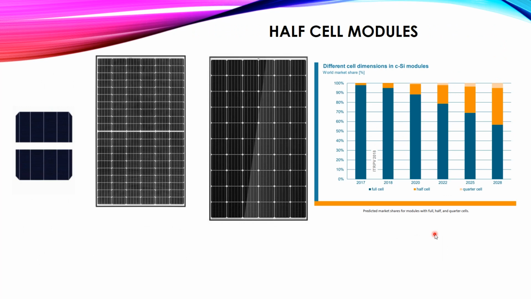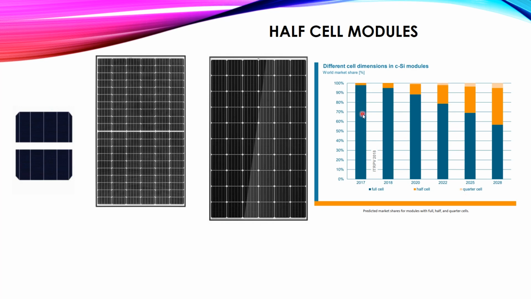Now with half cell modules, as we discussed here, each cell is divided into halves. You will see that according to the analytics, in 2017 we just had 4% for half cell. We had full cell as you see here, and the half cell in orange, and quarter in near yellow. Okay, there is also a quarter cell.